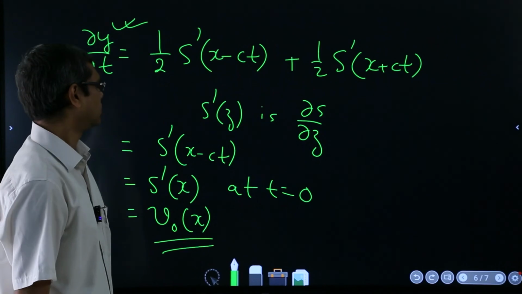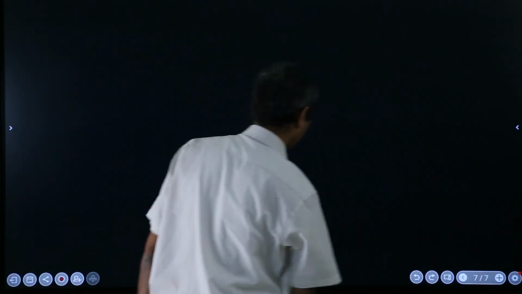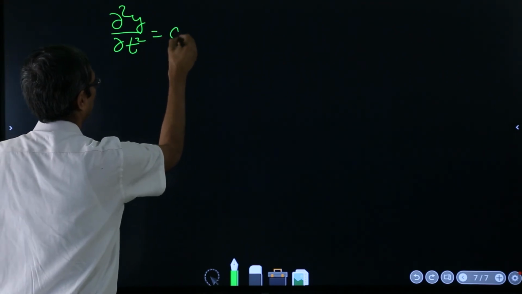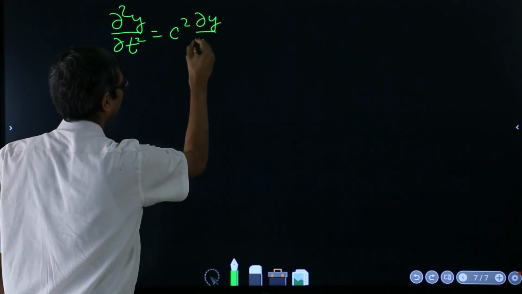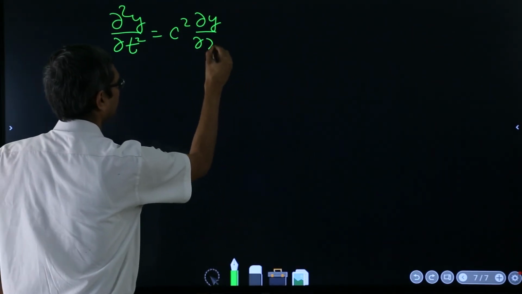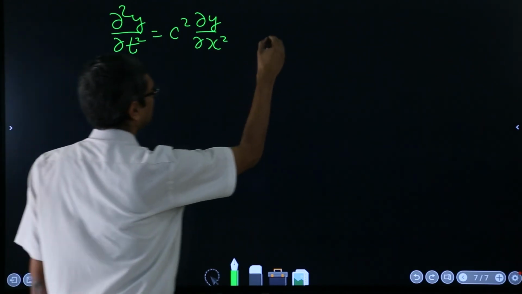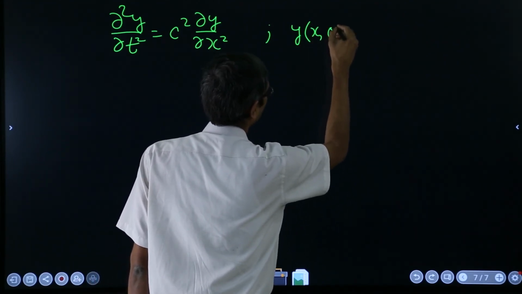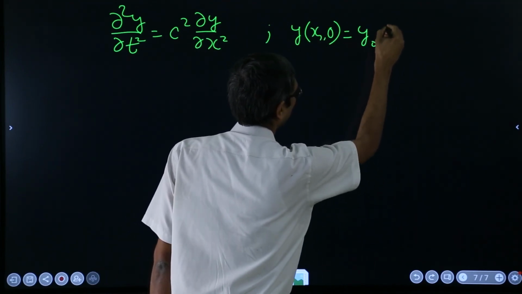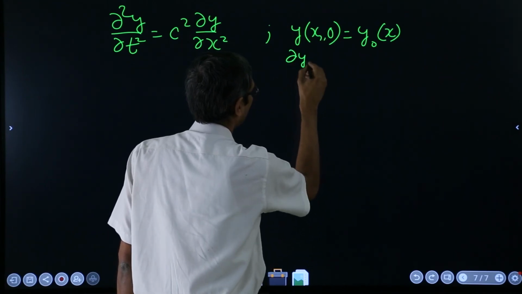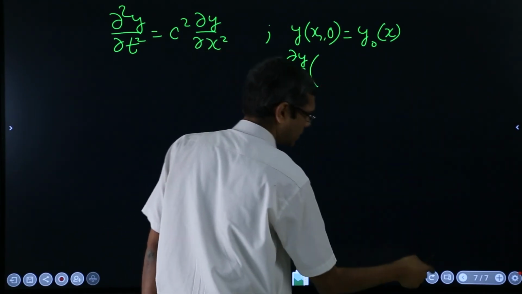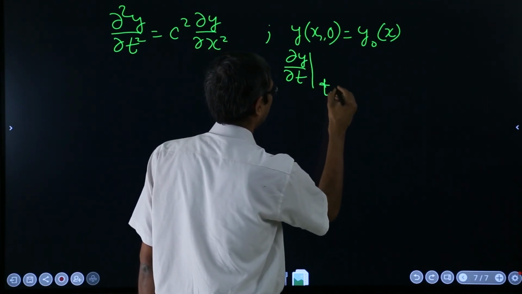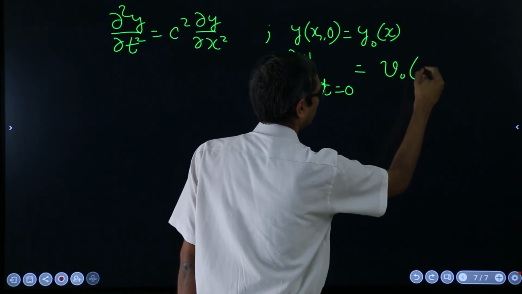So in summary, now you know that if you have this transverse wave equation on an infinite string with initial conditions y of x at 0 is y naught of x, and partial of y with respect to t at t equal to 0 is v naught of x.